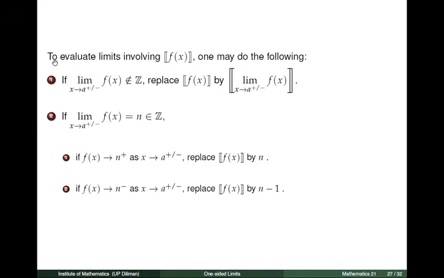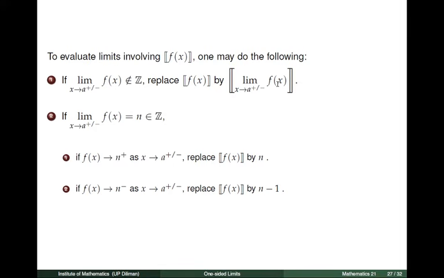Now, let us generalize. To evaluate limits involving the greatest integer of a function f of x, one may do the following. If the limit of the function f of x as x tends to a from the right or from the left is not an integer, we may replace the expression GIF of the function f by the GIF of the limit of f.